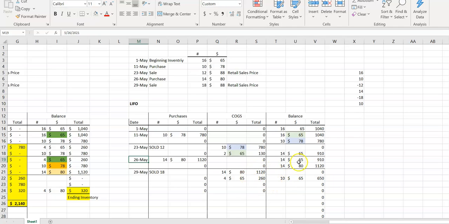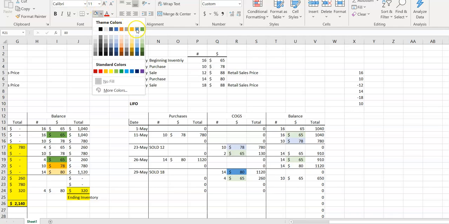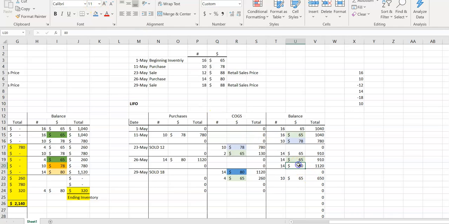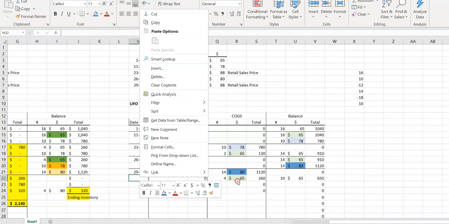Okay. So 65 comes from there. 80 comes from here. All right, and then draw a line underneath it.